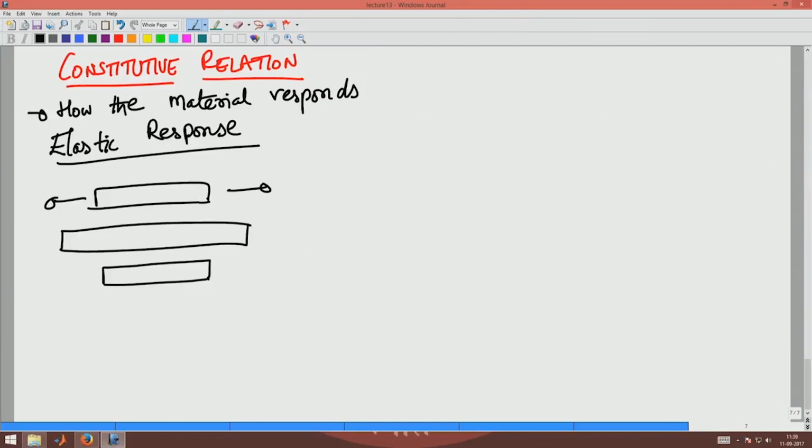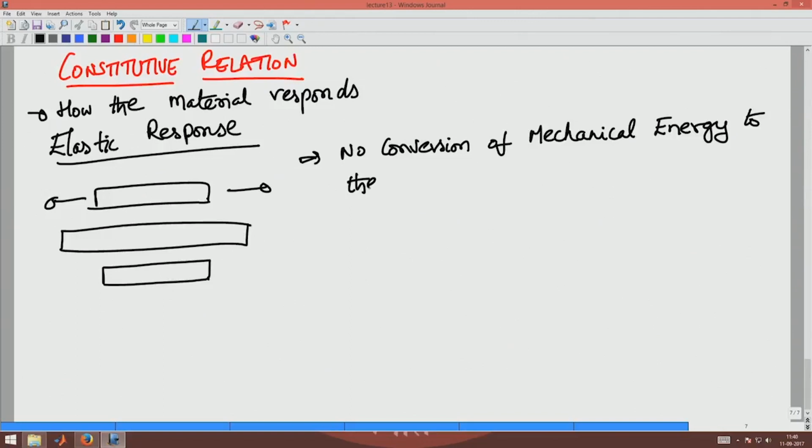In other words, what we are saying here is there is no dissipation. Elastic response means there is no conversion of mechanical energy to thermal or other forms of energy.